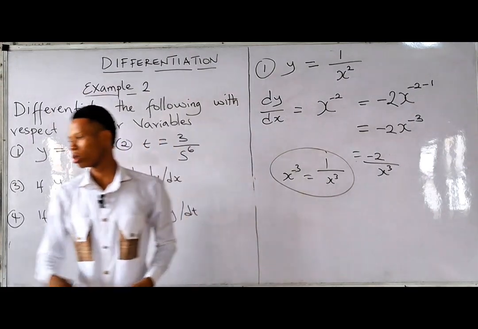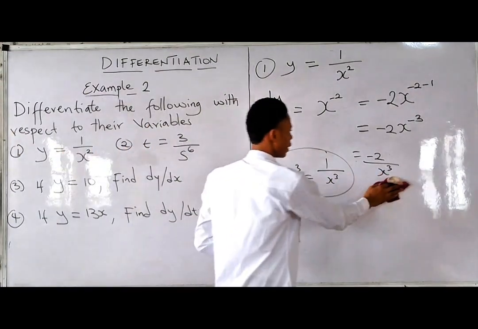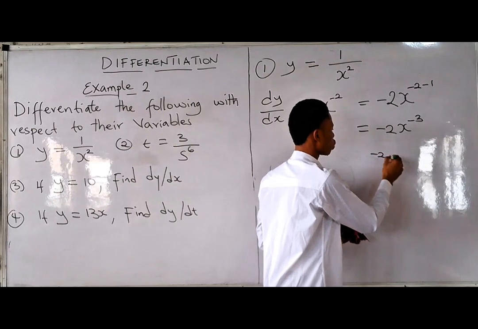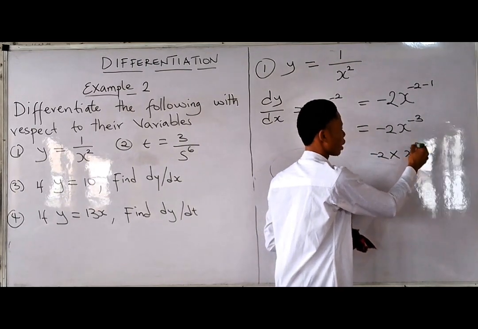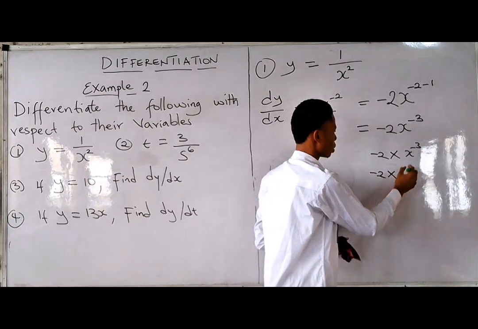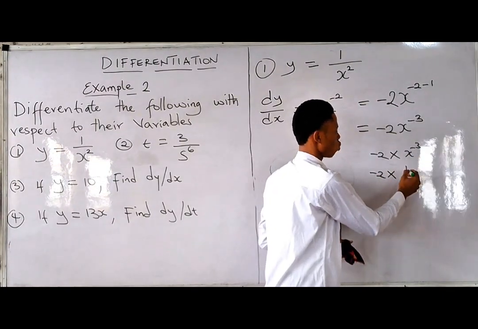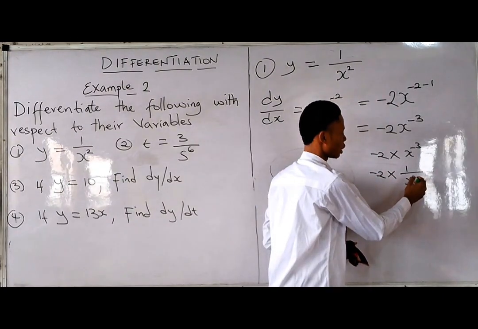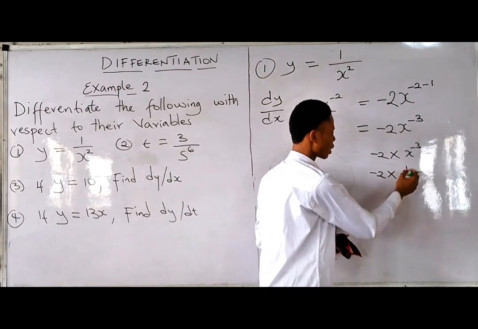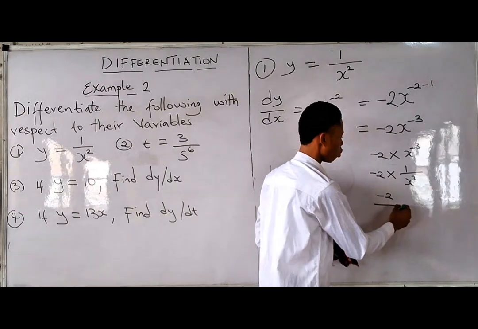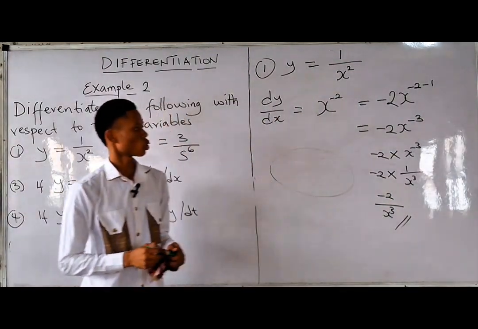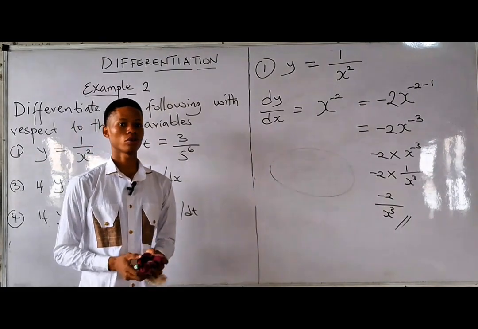Good. So what I did here was, this is the same thing as saying minus 2 times x raised to the power minus 3, right? Now I can say minus 2 times 1 over x raised to the power 3. Is it not? If this multiplies, minus 2 times 1 will give me minus 2 over x raised to the power 3. So this is your answer to that question.